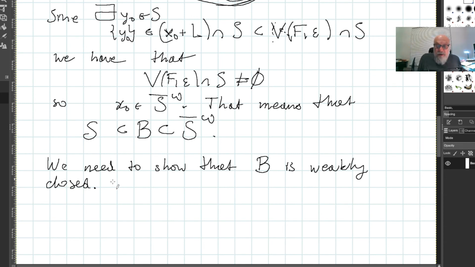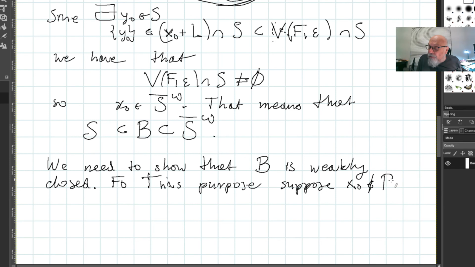Let's do it. For this purpose, suppose I have x naught that does not belong to B, which means that the norm of x naught is larger than 1.